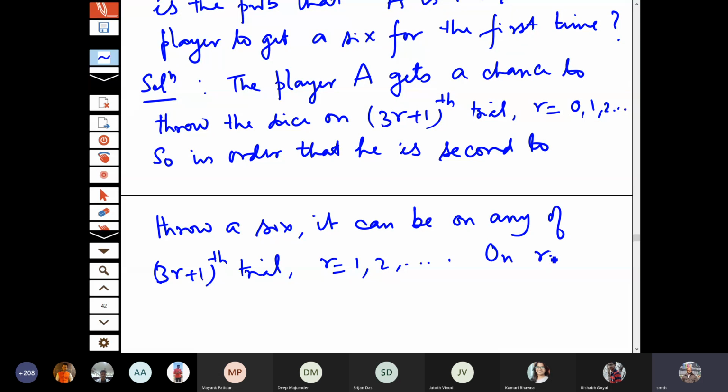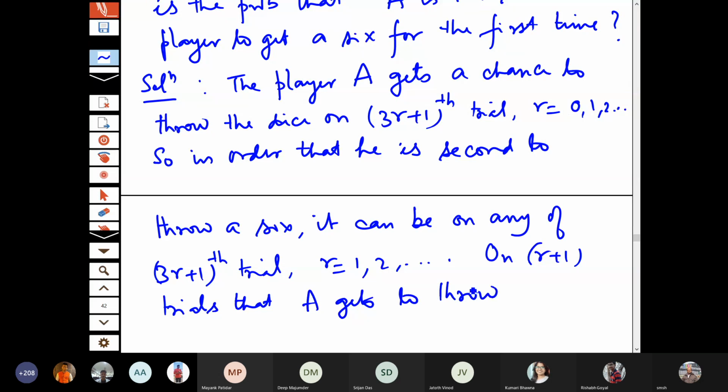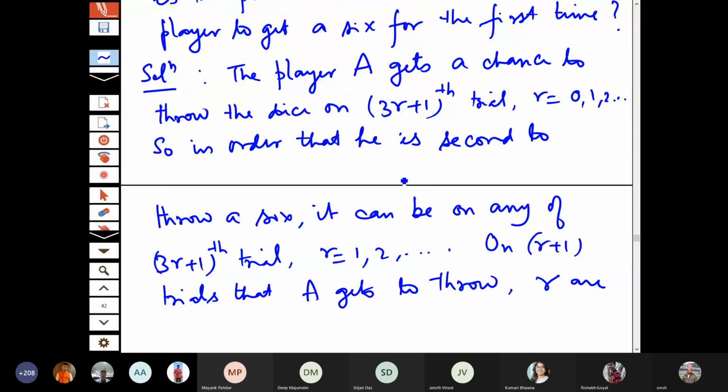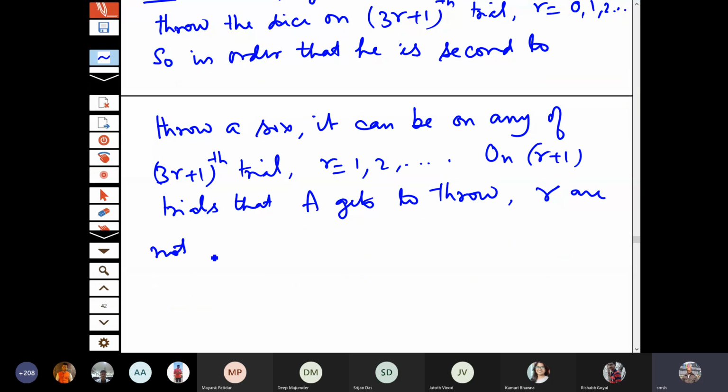So on the R plus 1 trials that A gets to throw, R are not 6 and the last is 6. So the probability is 5 by 6 to the power R into 1 by 6.